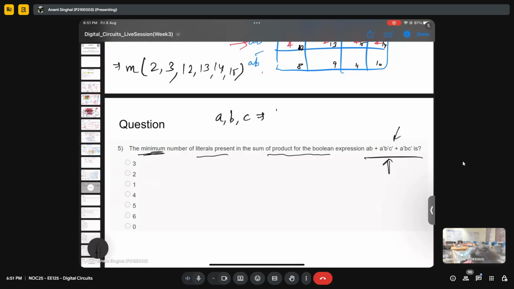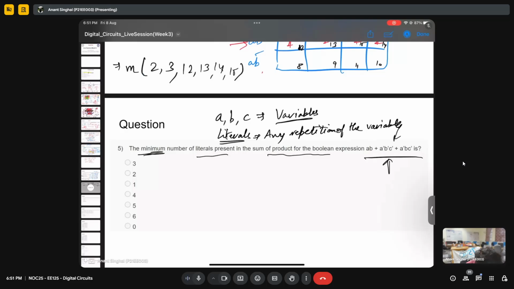A, B, C are the variables, and literals are any repetition of the variable. So there are three variables, not literals. A literal is something different. Here the literals are A, B is 1, 2, 3, 4, 5, 6, 7, 8.